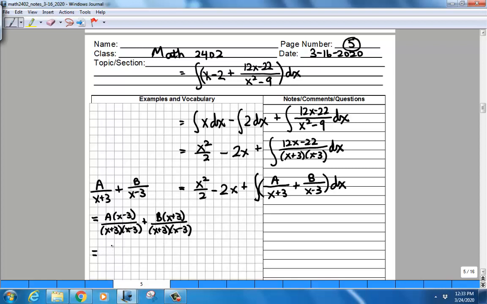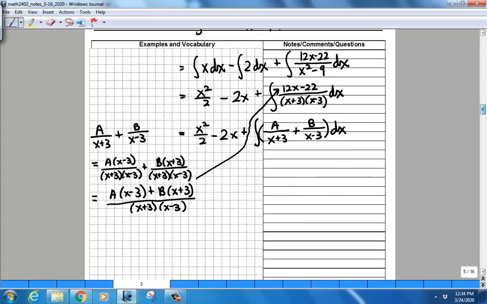And that, of course, is a times x minus 3 plus b times x plus 3 over x plus 3 times x minus 3. And this numerator, remember, has to come out to be 12x minus 22.